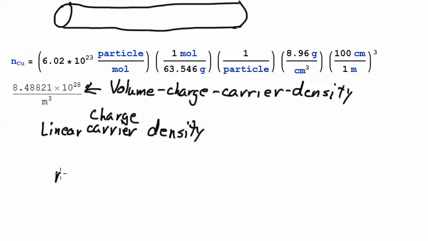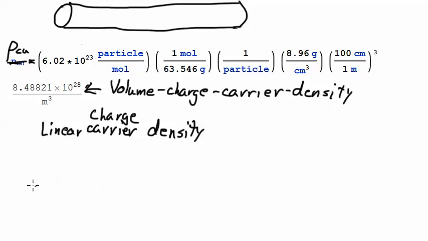I'd probably say that this N, 8.48 times 10 to the 28th per meter cubed, is equal to the number. Actually, I would rather call this number rho of copper. We'll call that the volume charge carrier density.